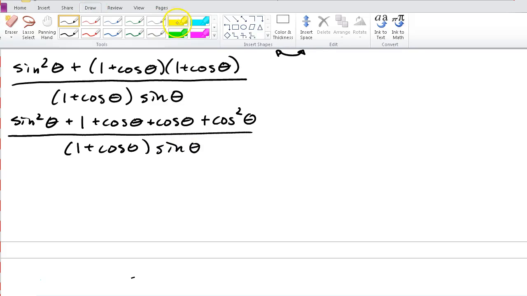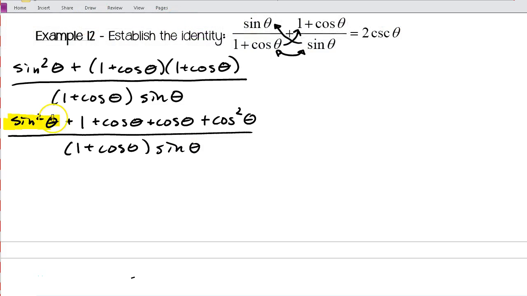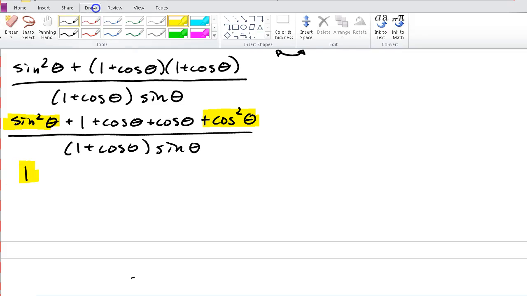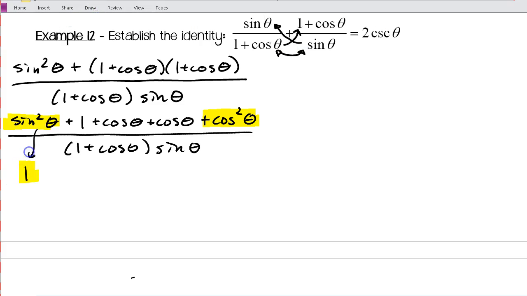Now, if you notice what we have, I have a sine squared theta here plus a cosine squared theta over there. That's one of our identities, so if I put those two together, I get 1. Okay, so those two together make this 1. So that goes to there, and that goes to there, and then plus the rest of that stuff. 1 plus cosine theta plus cosine theta is 2 cosine theta.